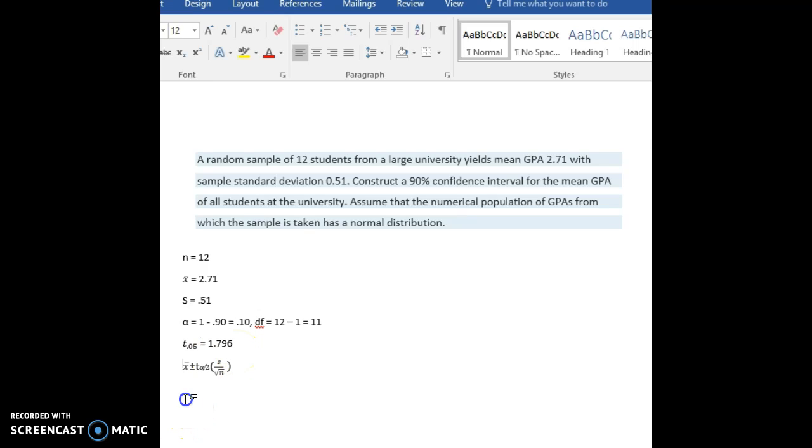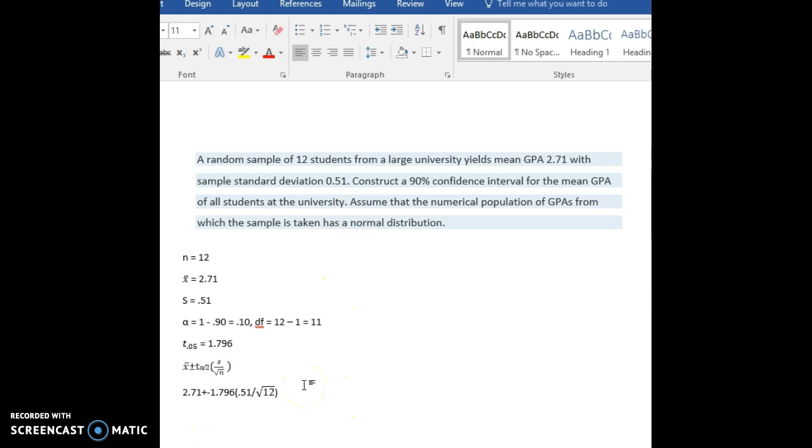All right, now let's fill in and get our confidence interval. We'll have x bar, our mean, is 2.71 plus and minus t of alpha over 2, which is 1.796. Our standard deviation is 0.51 divided by the square root of 12.